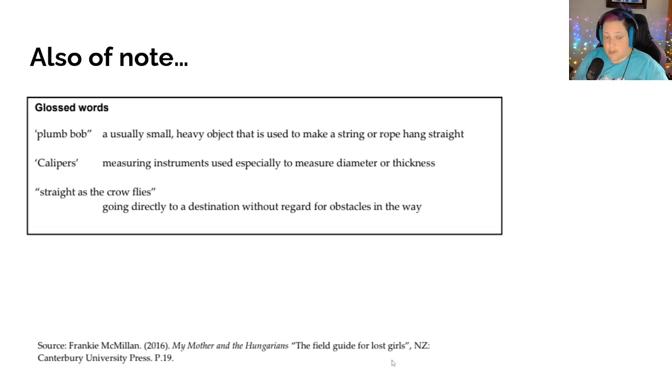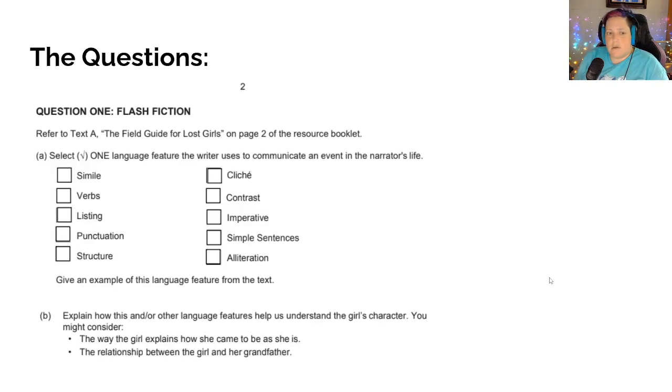So we know it's a New Zealand text. We can also assume that the narrator, which is not necessarily the author, but in this case likely is, is female, simply because it's a field guide for lost girls. Titles and such are really important to pay attention to with an unfamiliar text, because you can get a lot of really good information there. So carrying on.